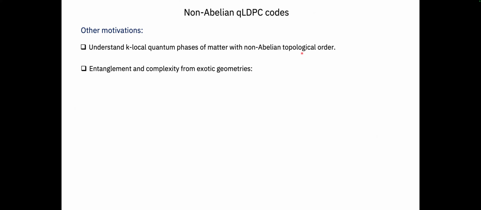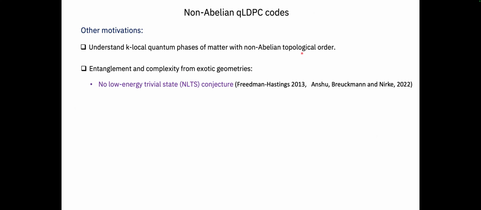Later we will show that this general chain complex, underlying the qLDPC codes, can be translated into some very exotic geometries or exotic manifolds. And that will lead to very exotic entanglement and complexity patterns.